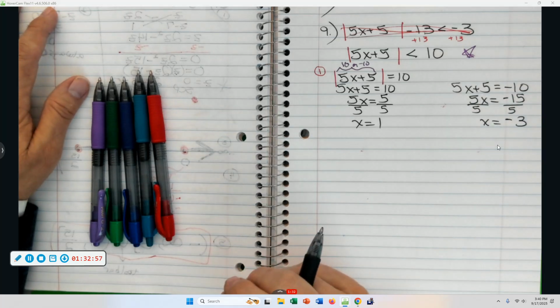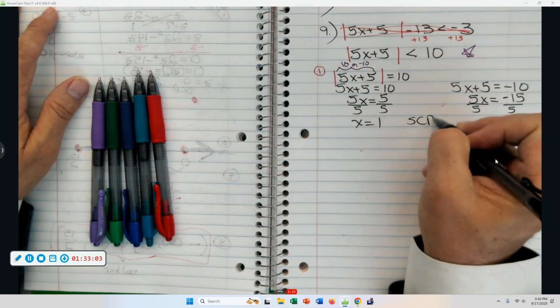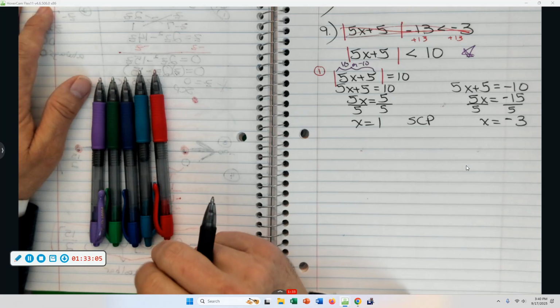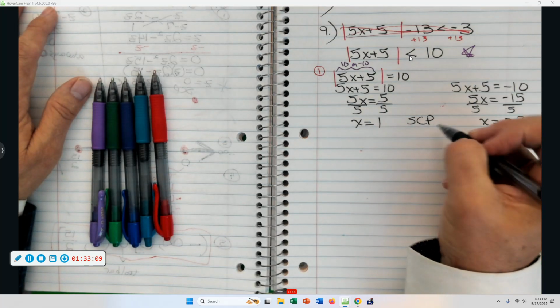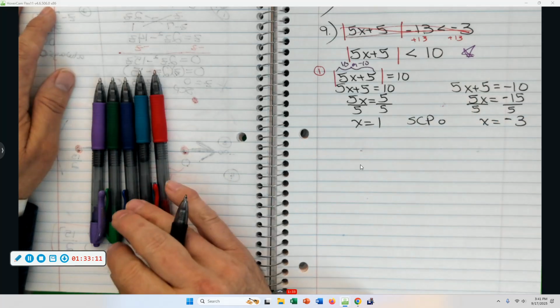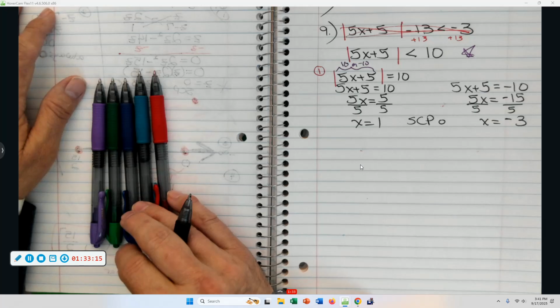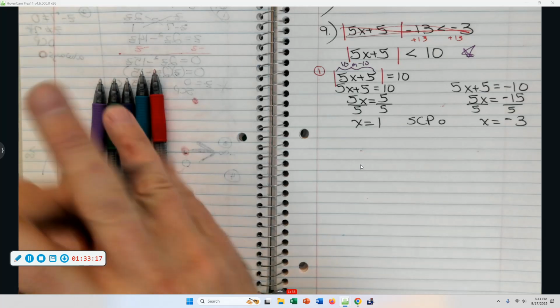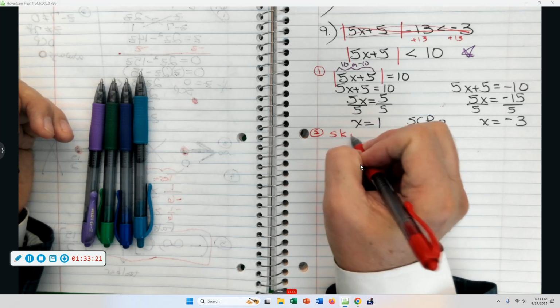I agree. And these are my solution cut points. I have 2 solution cut points. Open or closed? Open because there's no equality in the original inequality. Second step, skip. Third step, draw your number line.